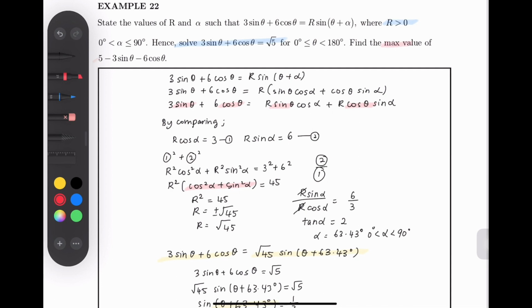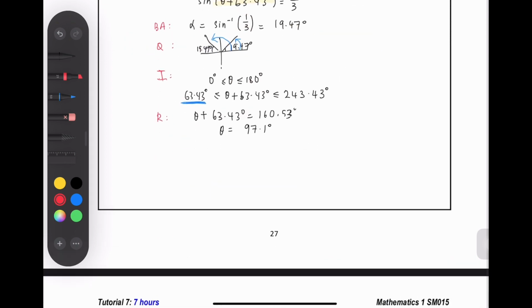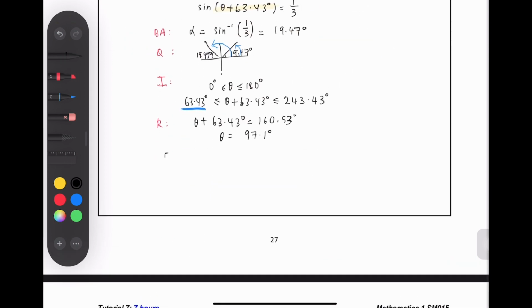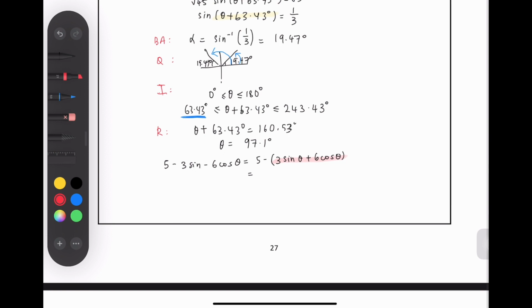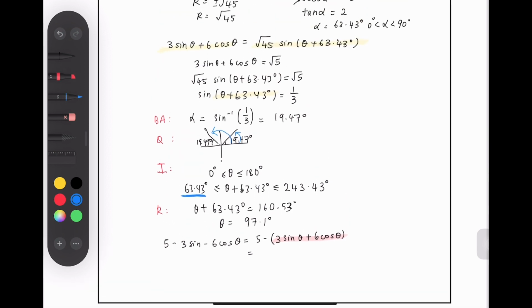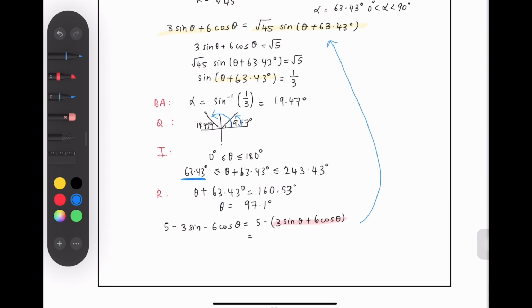Next, we need to find the maximum value of 5 minus 3 sine theta minus 6 cos theta. So 5 minus 3 sine theta minus 6 cos theta can be simplified into 5 minus (3 sine theta plus 6 cos theta). And if you notice this, it's basically the same as the previous one that we found in the first part.